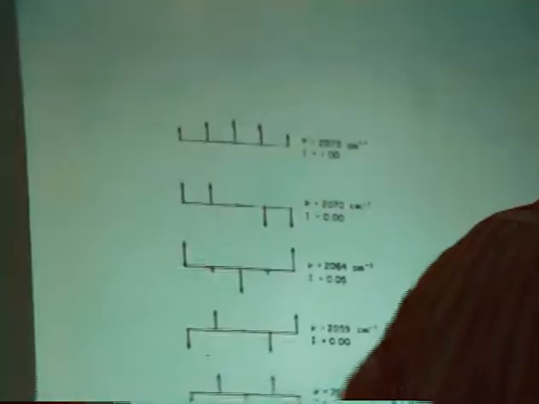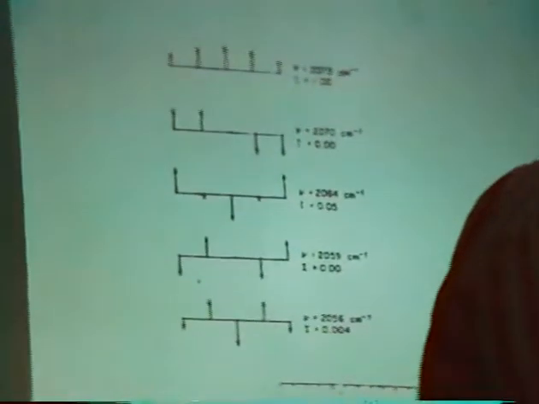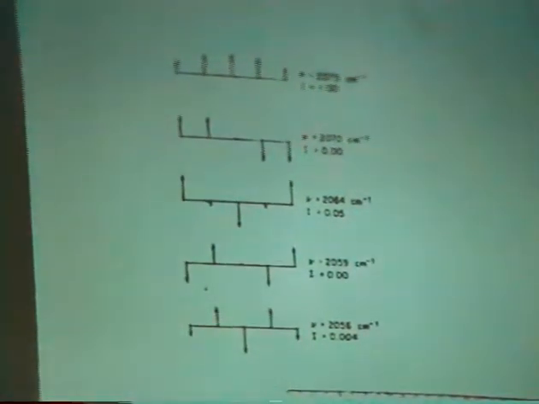So let me show you some simple models. Here n is equal to 5, and I show you 5 oscillators, and the numbers are picked to represent CO atoms on a platinum surface.